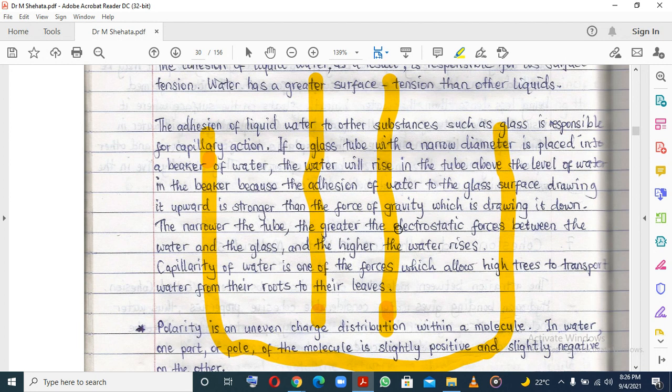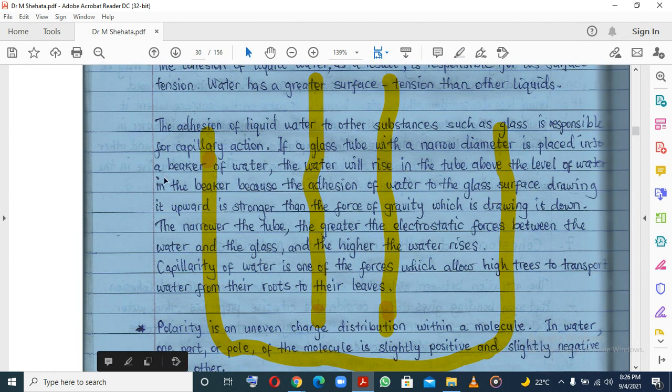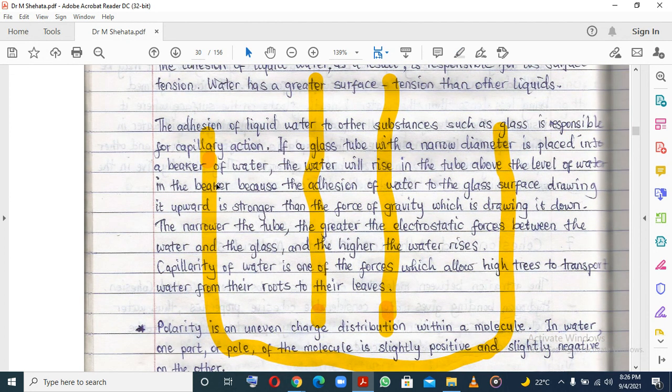So what basically is happening is that you're going to find that the water level in this beaker, maybe at this point, will be at that water level, right?